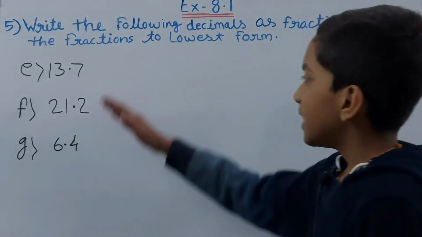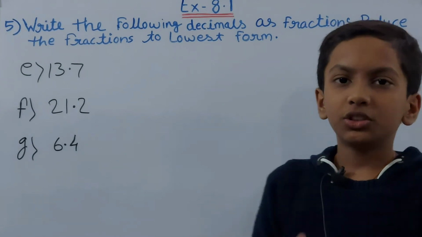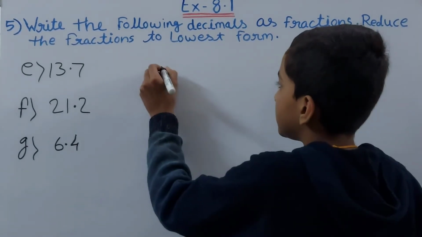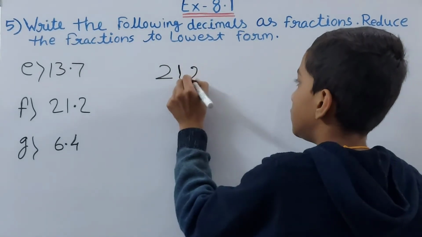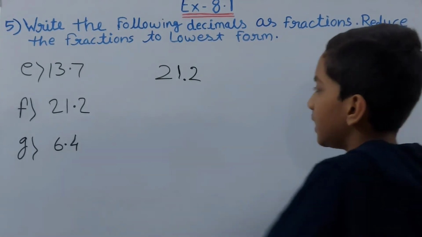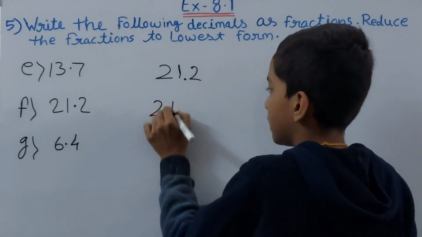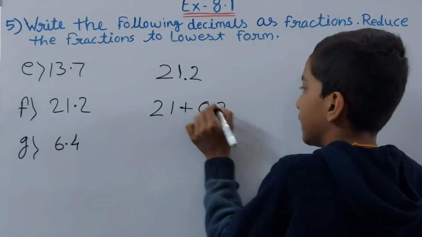So this is the F part, which is 21.2. So as always, let's convert this 21.2 into a fraction. So let's see. This becomes 21 plus 0 point and 2.